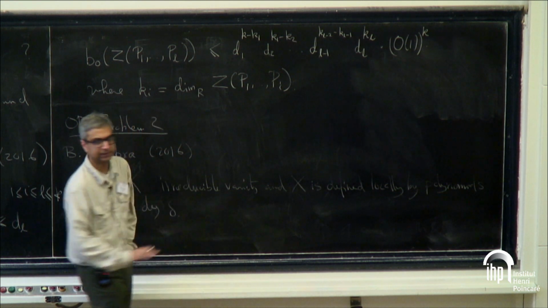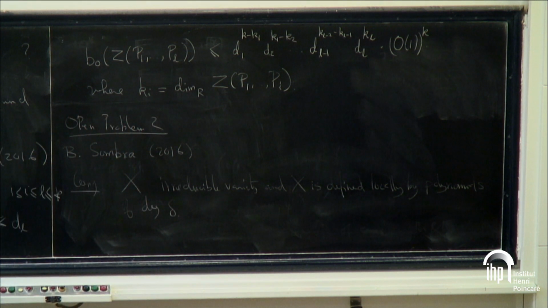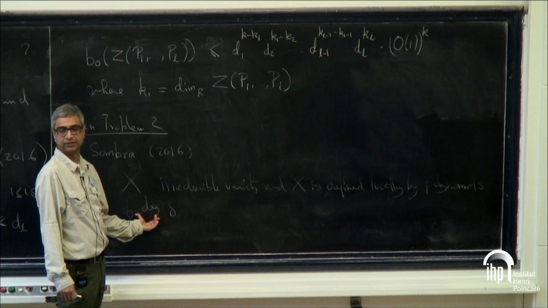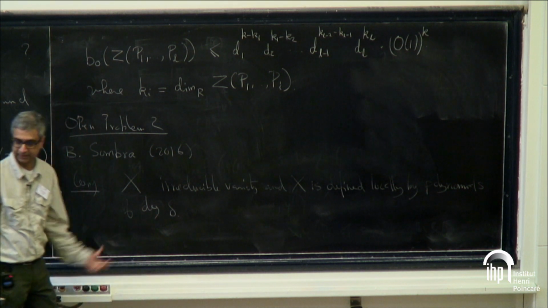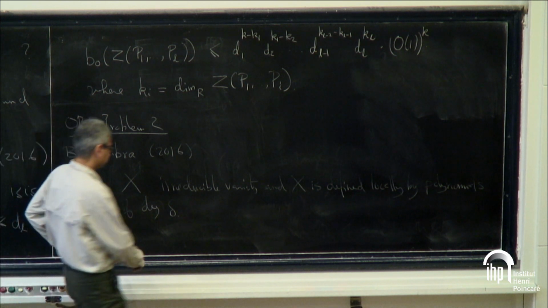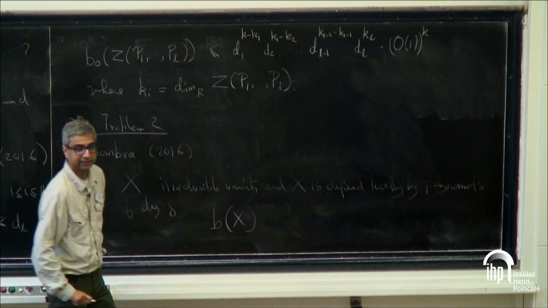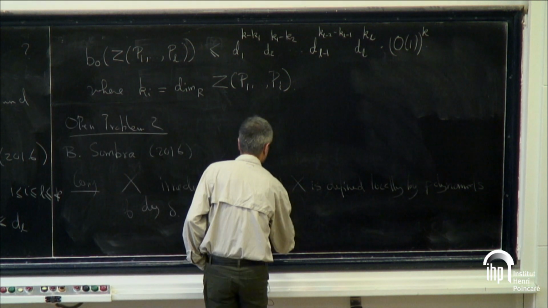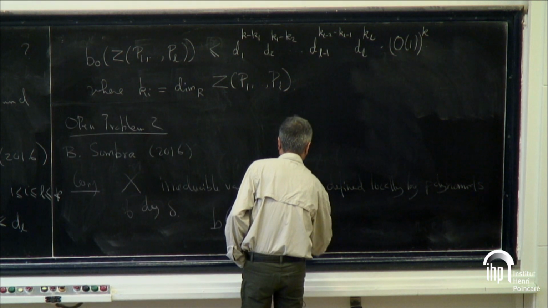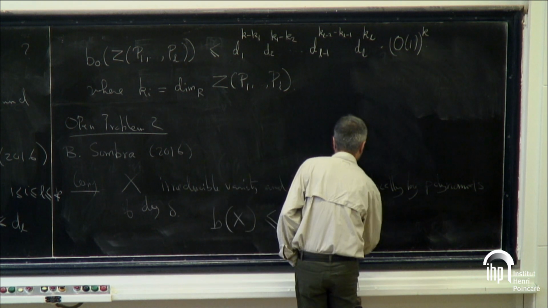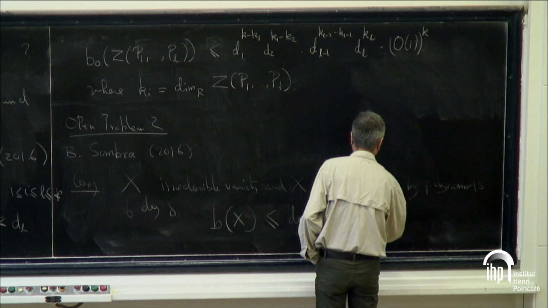But what this means is that X is an irreducible component of the zeros of some polynomials of degree bounded by delta. Then is it true that the Betti numbers of X can be bounded in terms of the degree of X and delta raised to the dimension of X?